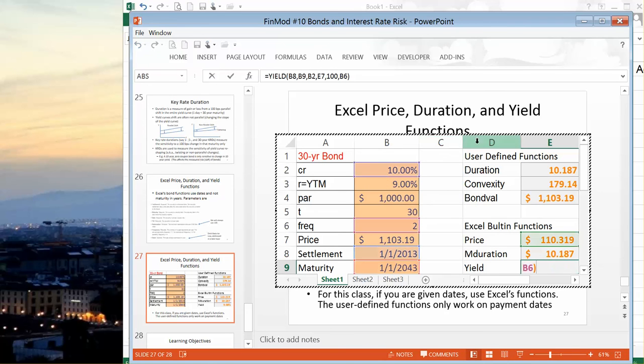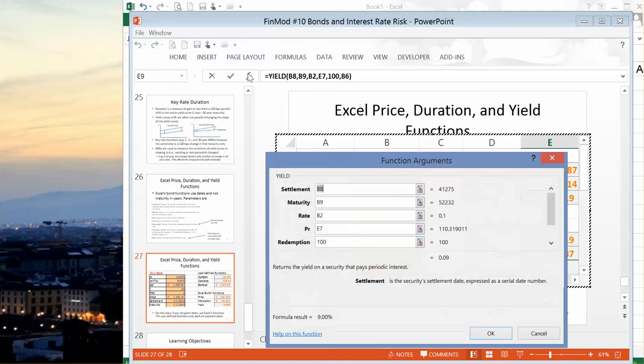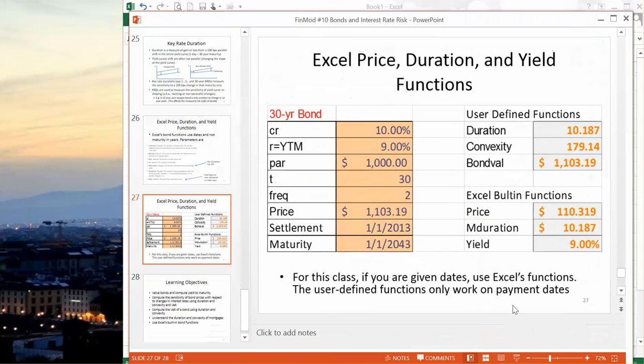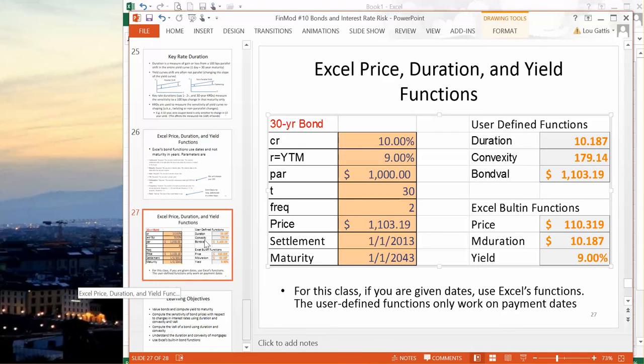And for the yield function, you're going to put in coupon rate, frequency, settlement, and maturity, and the current price of the bond, assuming $100 par. So that's using Excel's price, yield, and M duration functions.